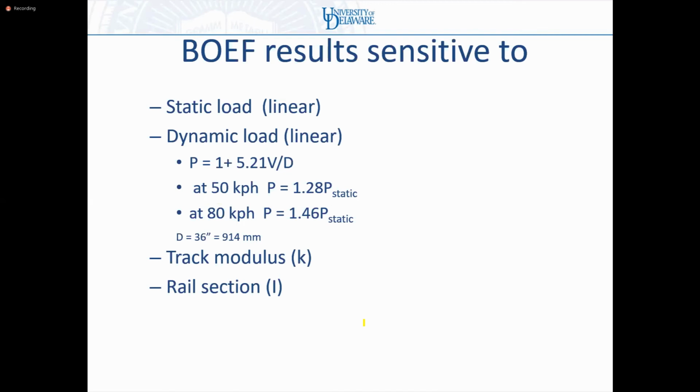Okay, so let's talk about some of the input terms that we're dealing with. There are really four major inputs into the equation: P, K, E, and I. E is my modulus of elasticity of rail steel, and that's fixed and constant.